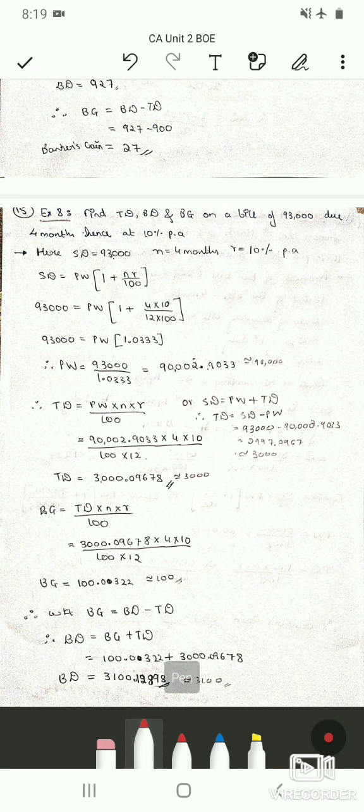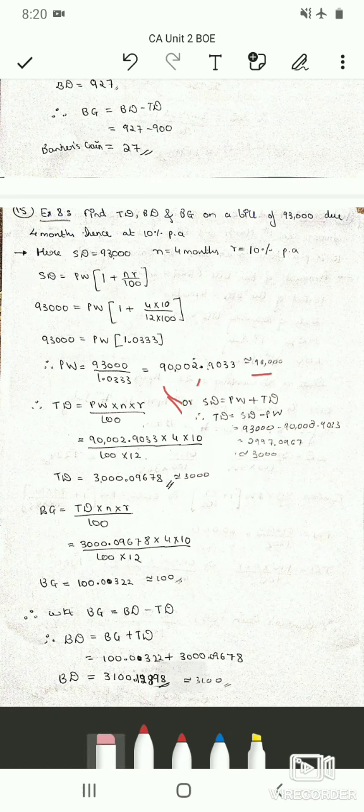Now to get true discount we need present worth again, just like the previous problem. Find the present worth. It is approximately 90,000. Once you get present worth, we can find true discount, and again you can use two methods, whichever you want.